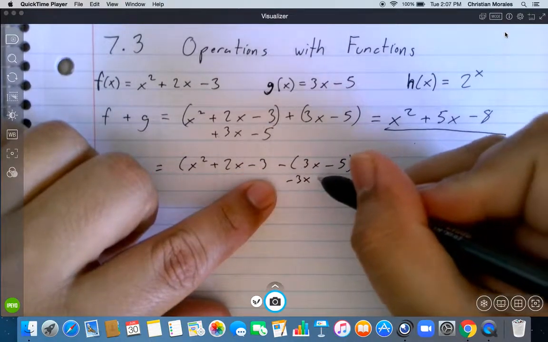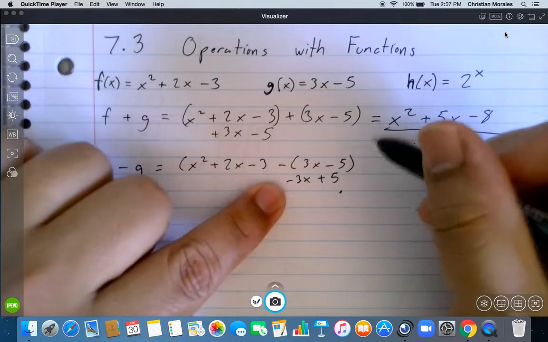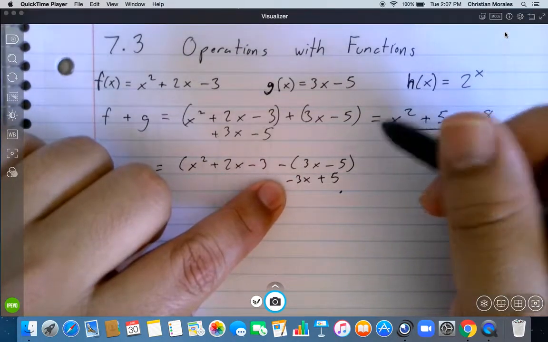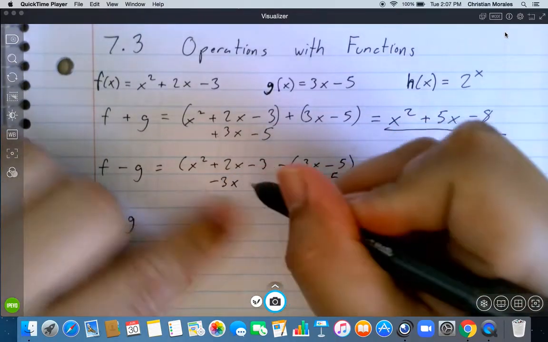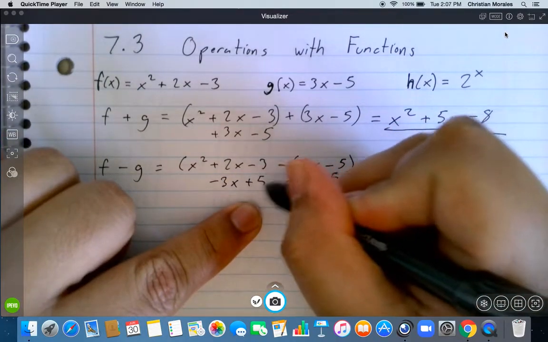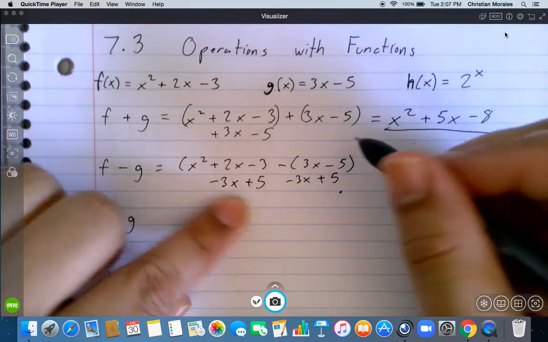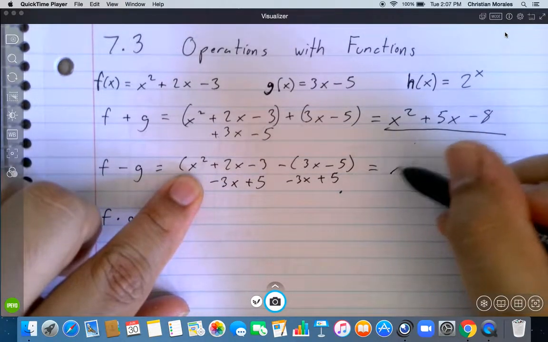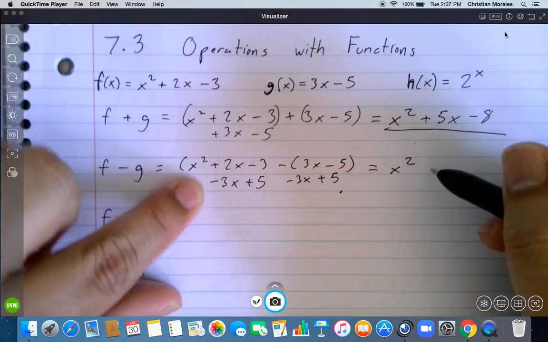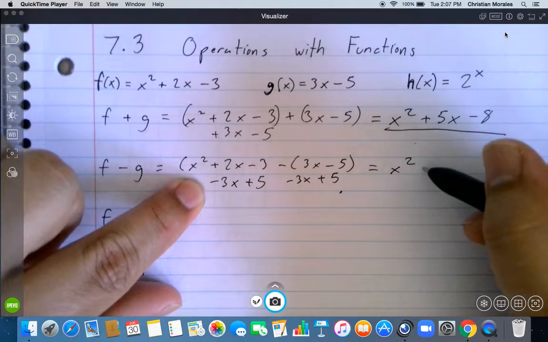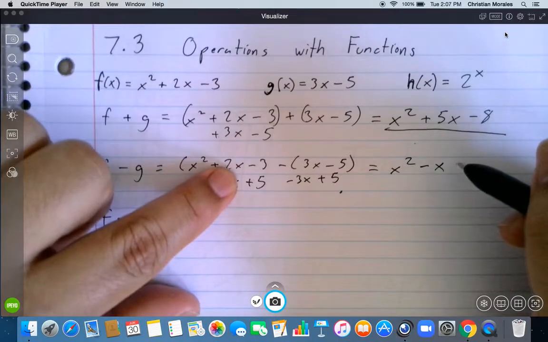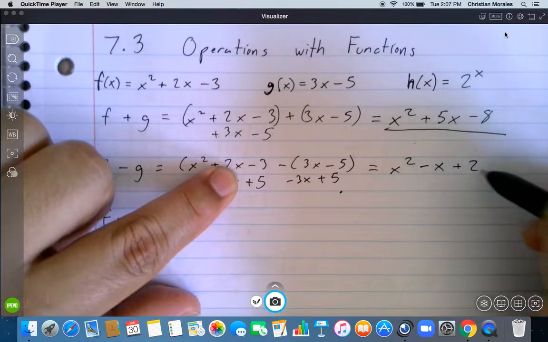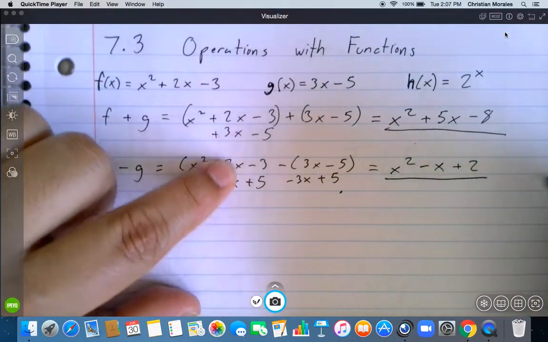But when you subtract a negative, you're actually adding. So now these are your terms. When you match these up, you're going to get a completely different answer. Again, there was no x squared, so x squared stays the same. 2x minus 3x, that's a negative 1x. And negative 3 plus 5 plus 2. And that's the answer if you subtract them.